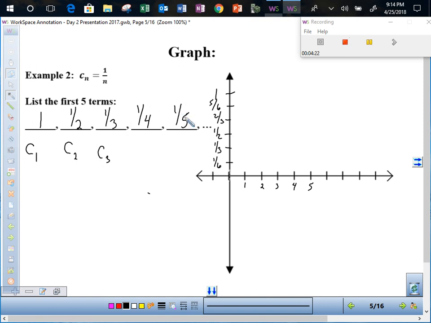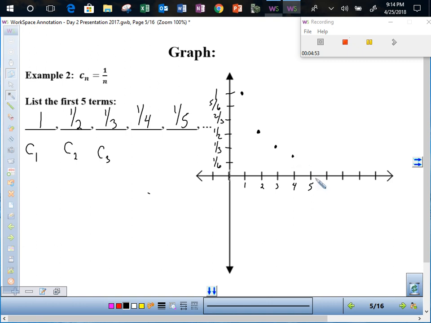If I look at it graphically, the value of my first term was 1. The value of my second term was 1/2. The value of my third term was 1/3. The value of my fourth term was 1/4, which is less than 1/3.